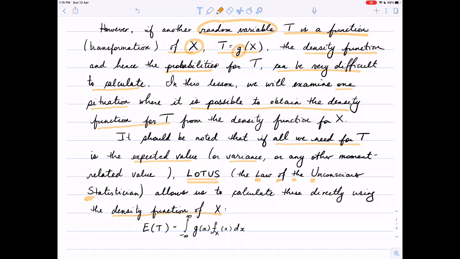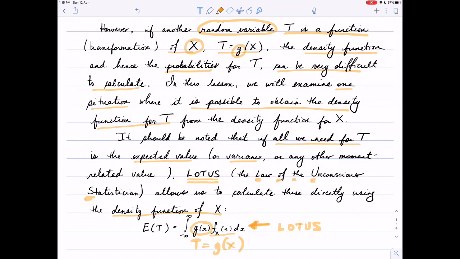Right? So expected values, variance, that sort of thing, can be calculated by this theorem of LOTUS. And that says the expected value of t, remembering that t is g of x, is this: if we plug in the function g inside the integral, and we integrate from minus infinity of g times the density function, we will in fact get the expected value of t.